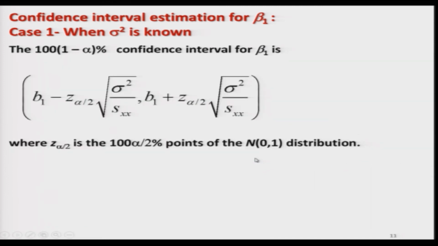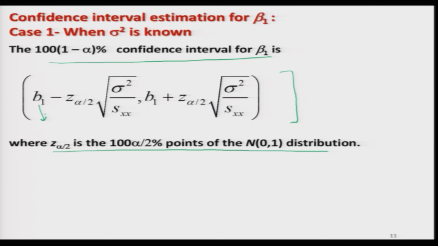So, I can write down finally that the 100 1 minus alpha % confidence interval for beta 1 is given by these two limits, where z alpha by 2 is the 100 alpha by 2% points on the normal 0 1 distribution. So, you can now see this you have computed, you can obtain it from the software. This is known to us.